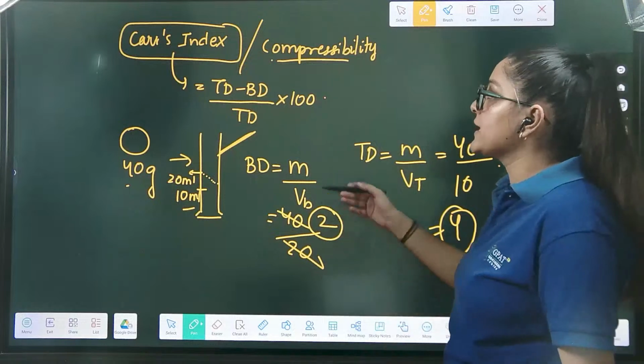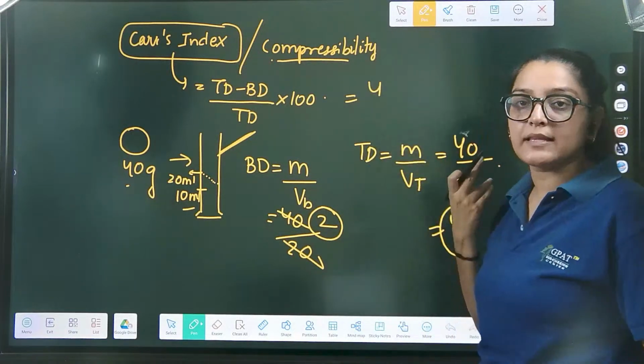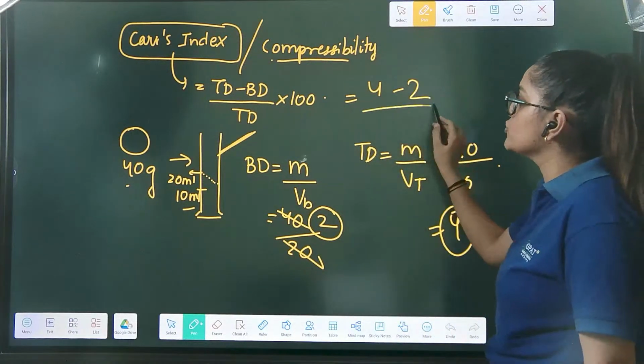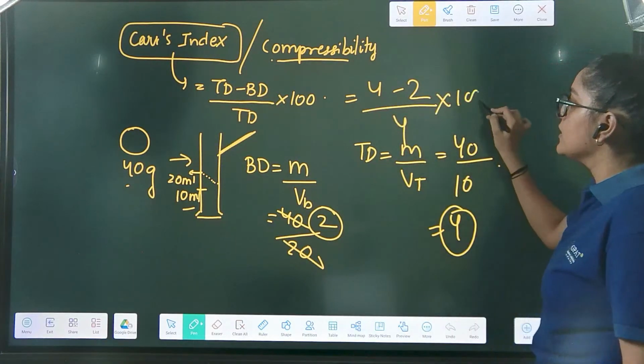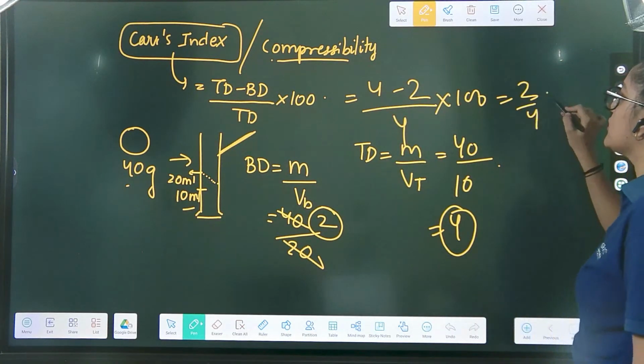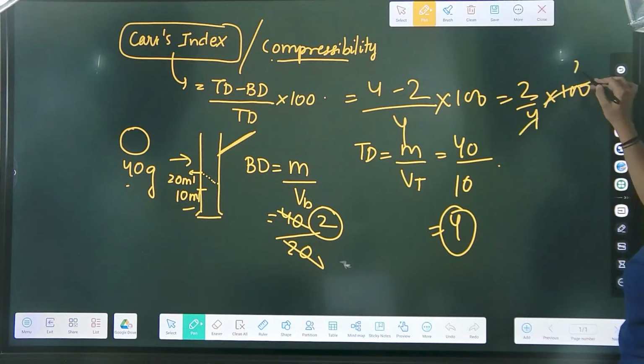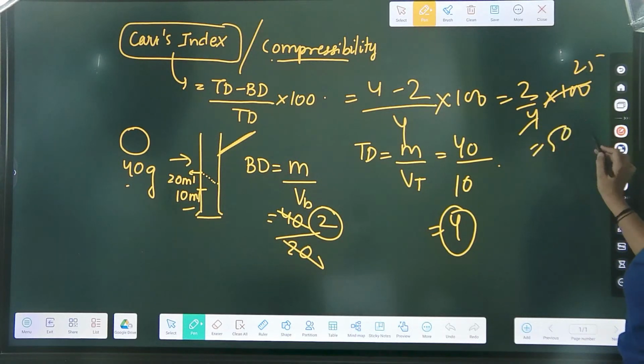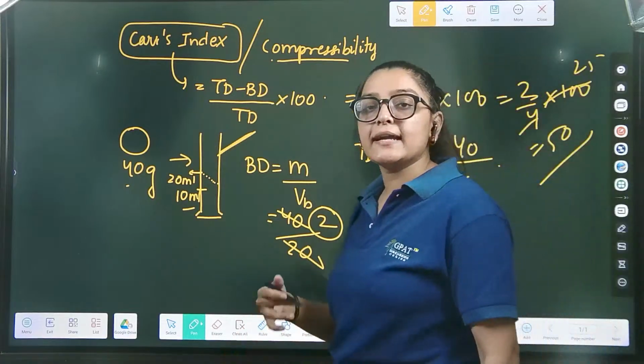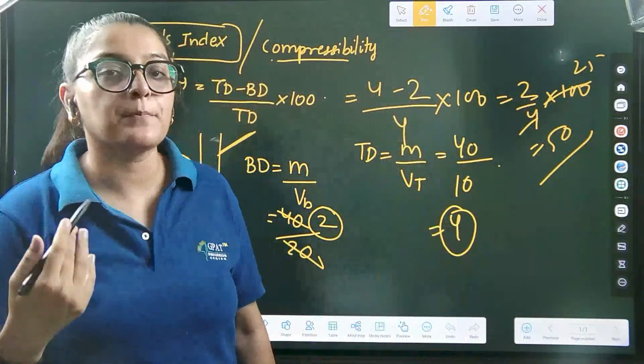So calculating the Carr's index will be 4 minus 2 upon 4 into 100. It will be 2 upon 4 into 100, so you get a Carr's index of 50. That is how the calculations are simply done.